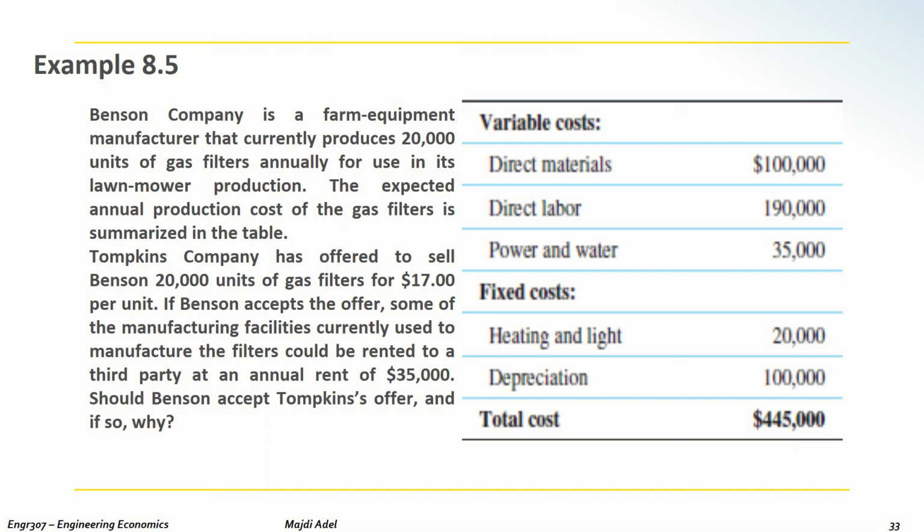Okay, now how is this an opportunity cost? If Benson decides to produce the gas filters by themselves, then they are going to lose the opportunity of having $35,000 per year, the rent of the plant used for gas filters.